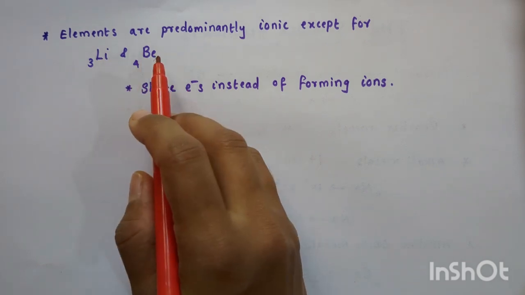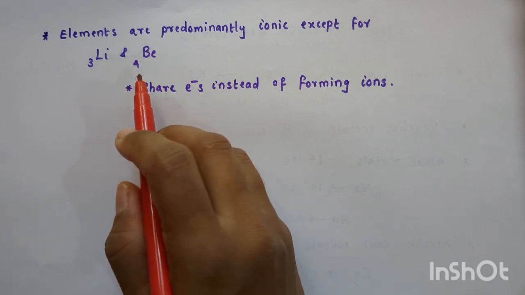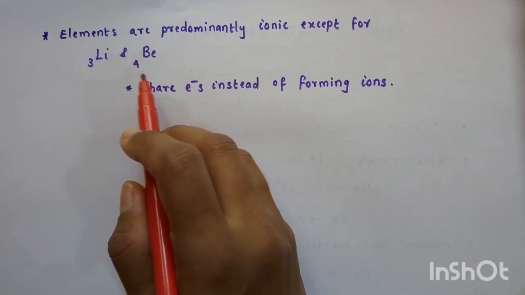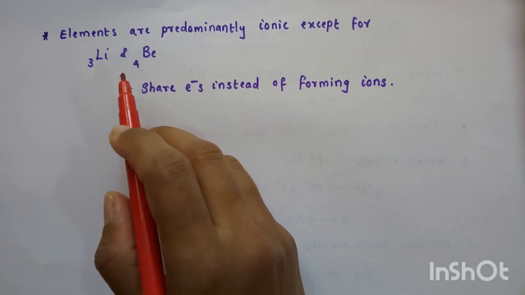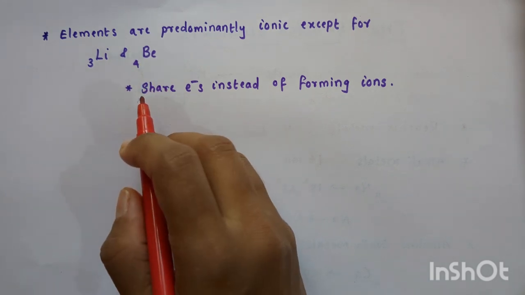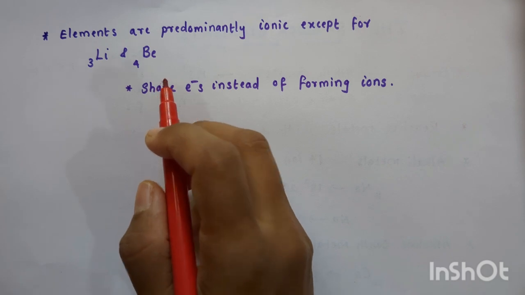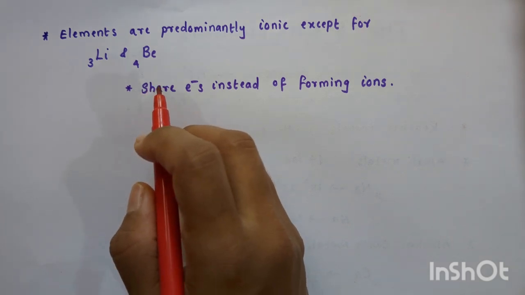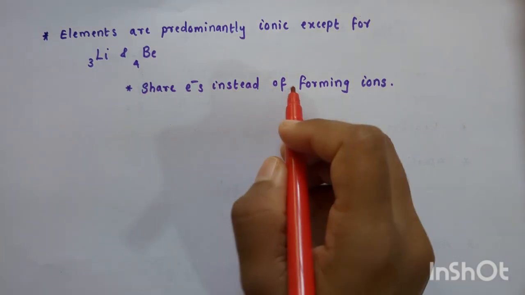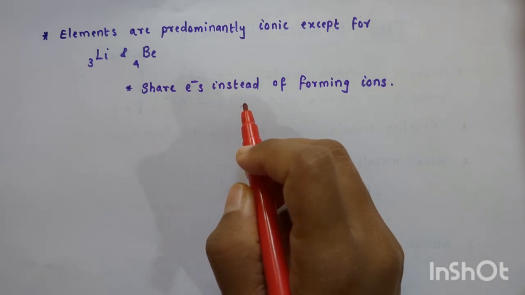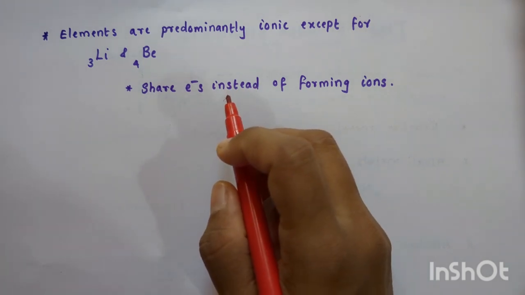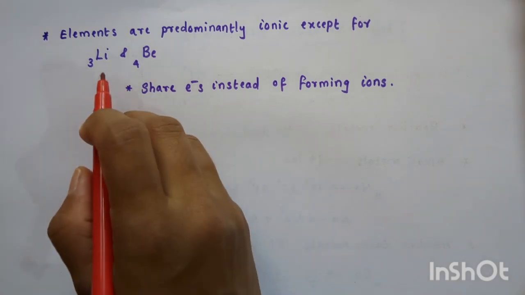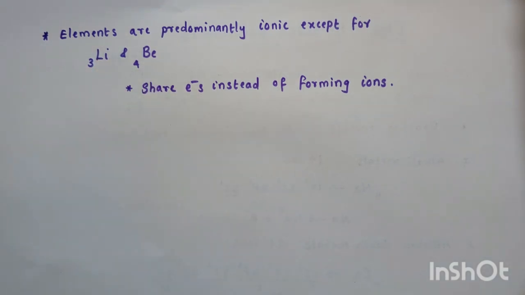Lithium and beryllium have higher ionization energies, so it is difficult for them to lose electrons and form ions. So lithium and beryllium compounds often exhibit covalent character, meaning they share electrons instead of forming ions.